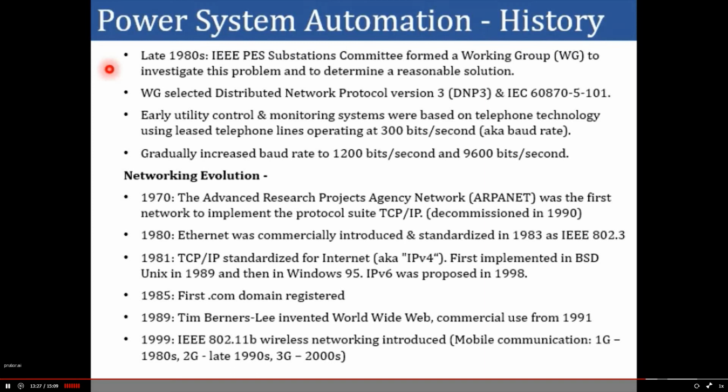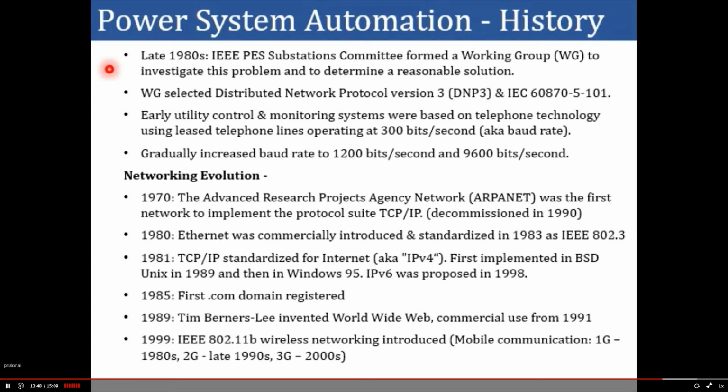The need for automation grew when we started interconnection of the power system network, and later on when we started the proper use of SCADA and energy management systems, the demand for better monitoring and control arose.